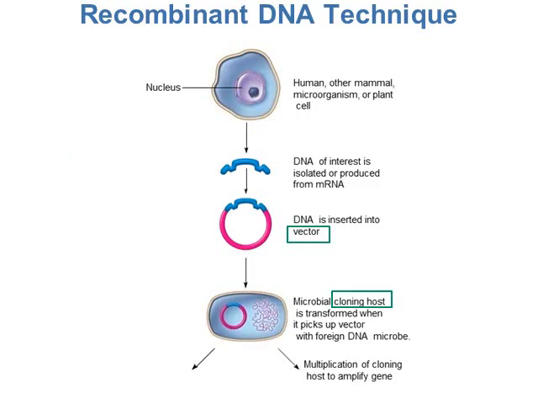So I'm going to run through this recombinant DNA technology. We can take a eukaryotic cell or any other type of cell. It can be human, other mammal, microorganism, or plant cell. In that cell of interest, we're going to isolate the piece of DNA that we're interested in, and we're going to make that DNA from an mRNA.